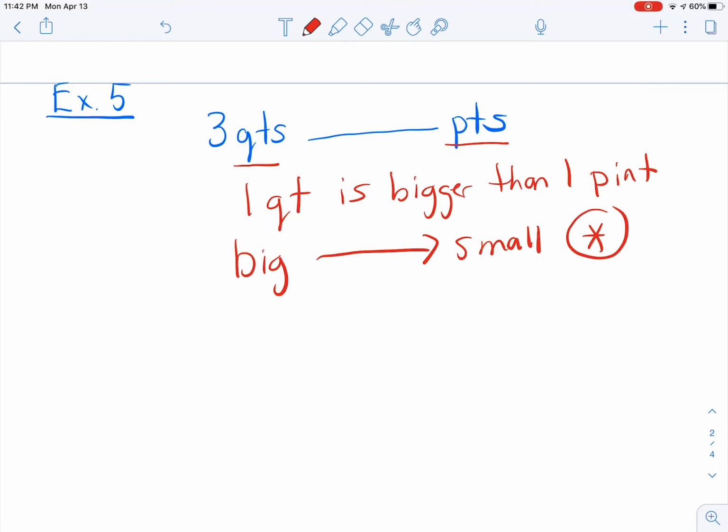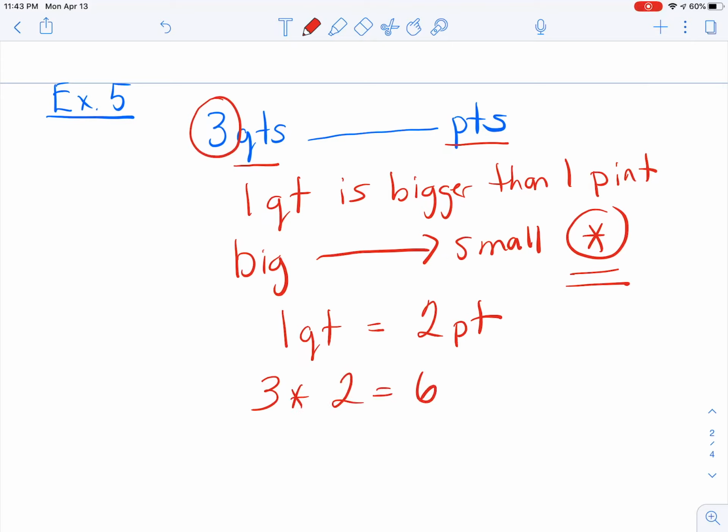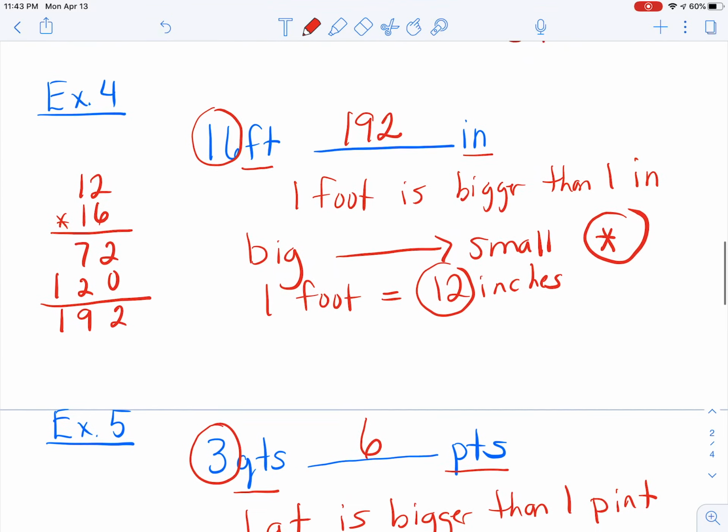Quarts to pints. Now when you're comparing quarts to pints, 1 quart is equal to 2 pints. So I'm going to multiply 3 times 2. So if I have 3 quarts, I have 6 pints.